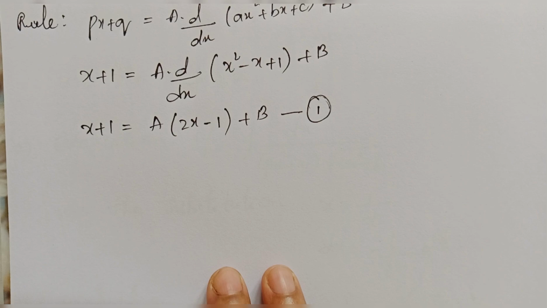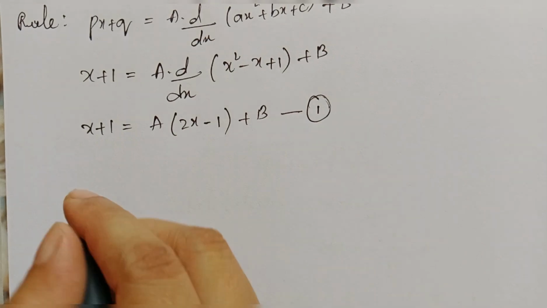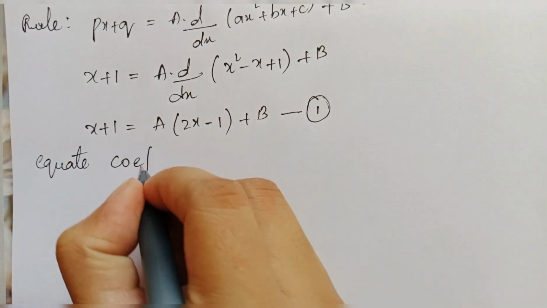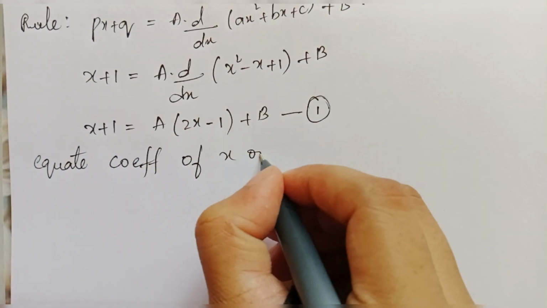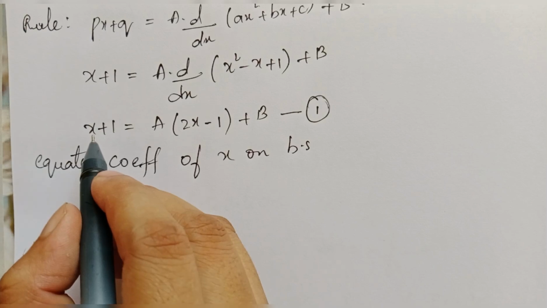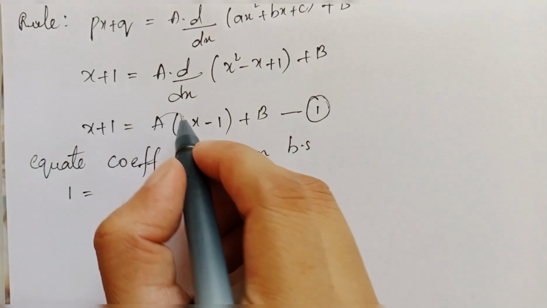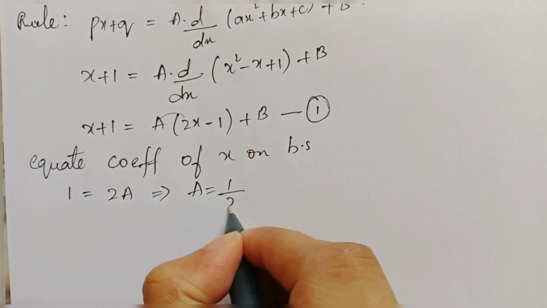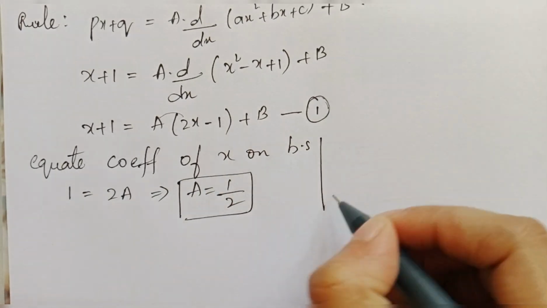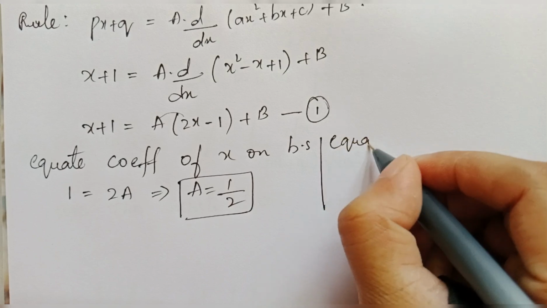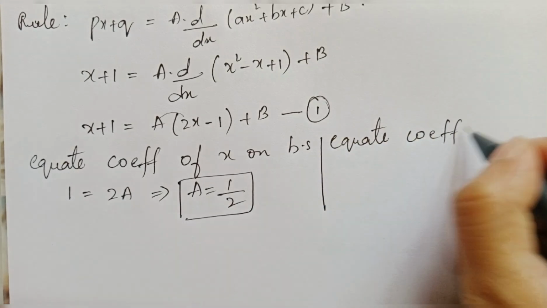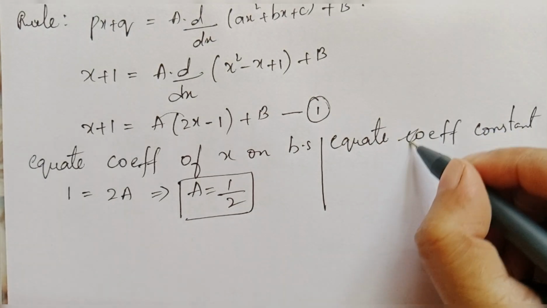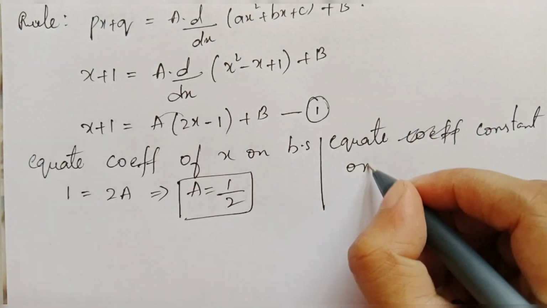If we compare the coefficients of x and the constants on both sides, first equate the coefficient of x on both sides. The coefficient of x here is 1, equals 2a here. So we get a equals 1 by 2. Similarly, equate the constant terms on both sides.